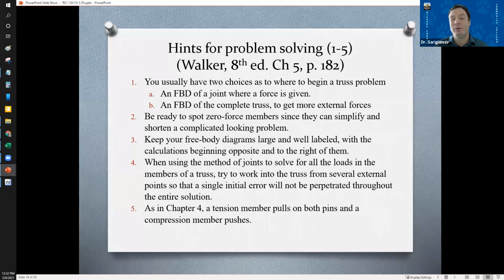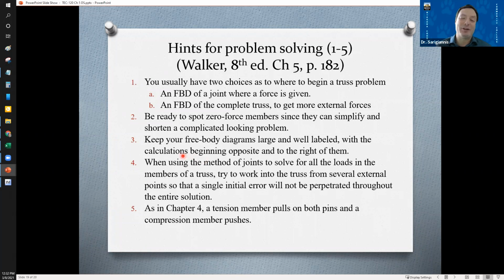I think you really need to do some work practicing these problems to be comfortable with the rules for zero force members, which again are listed in your book. Make sure to keep your free body diagrams large. I always have this problem, right? They wind up too small and poorly labeled.